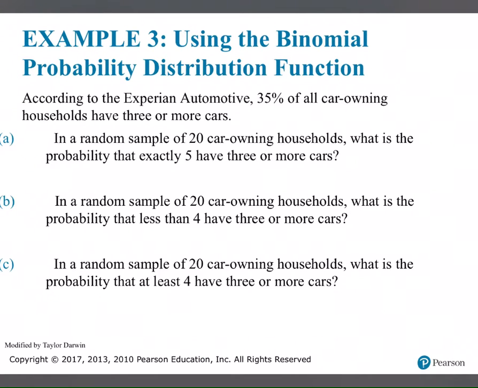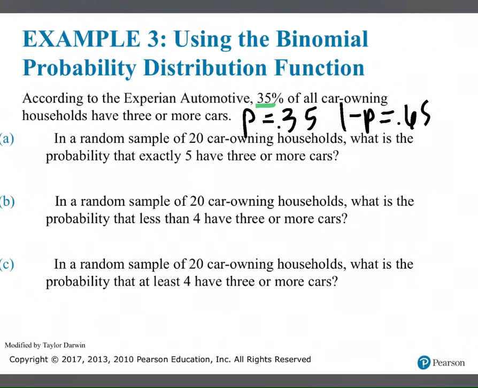This says, according to Experian Automotive, 35% of all car-owning households have 3 or more cars. So that 35% is your P, so your 1 minus P is 0.65.